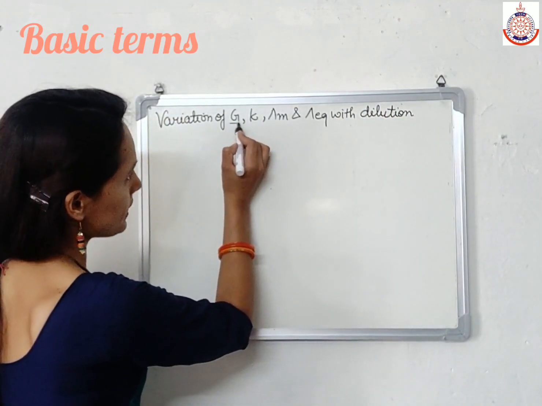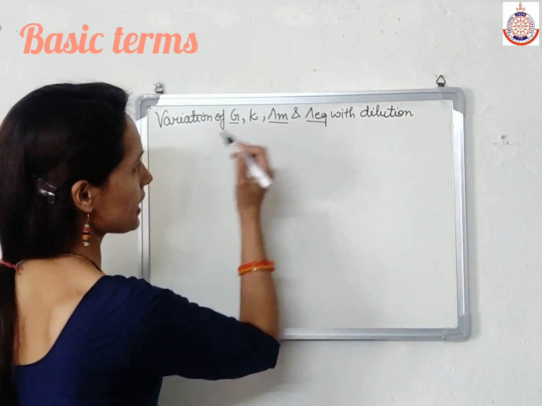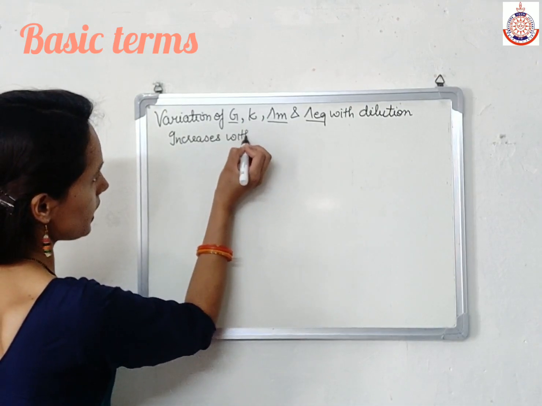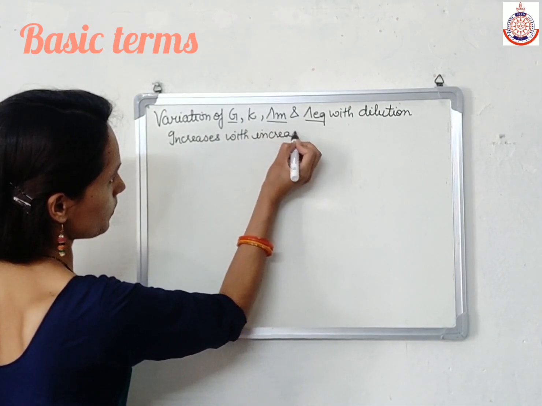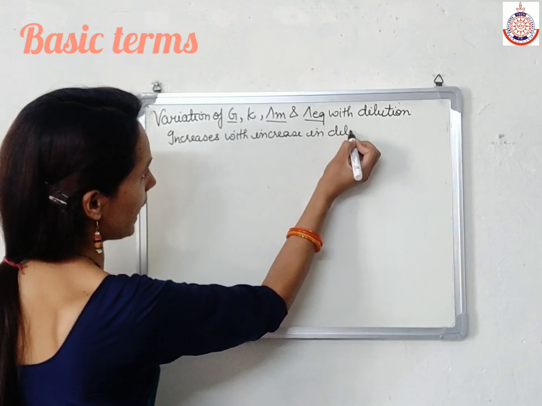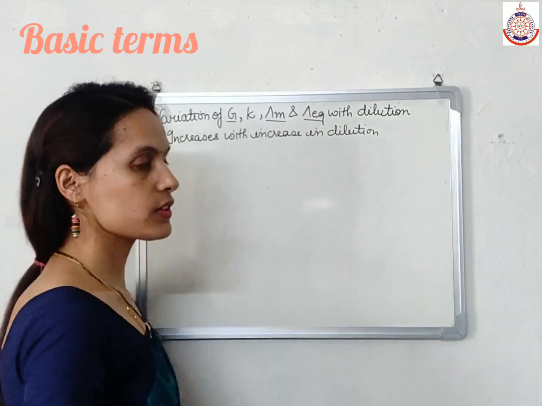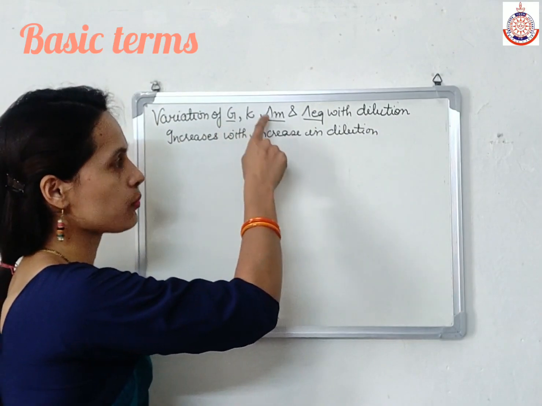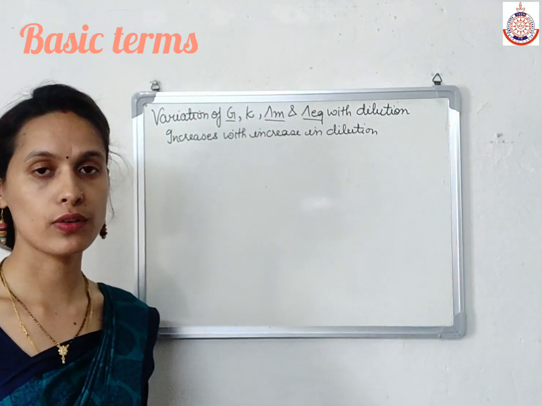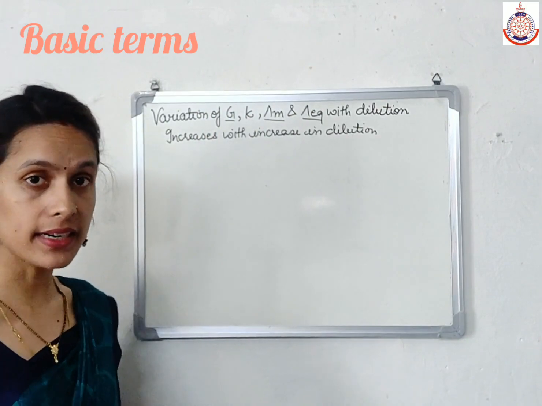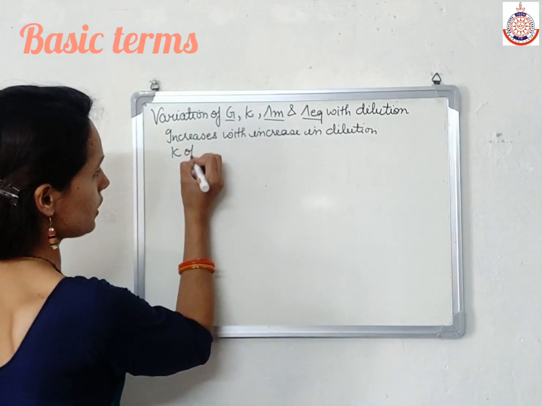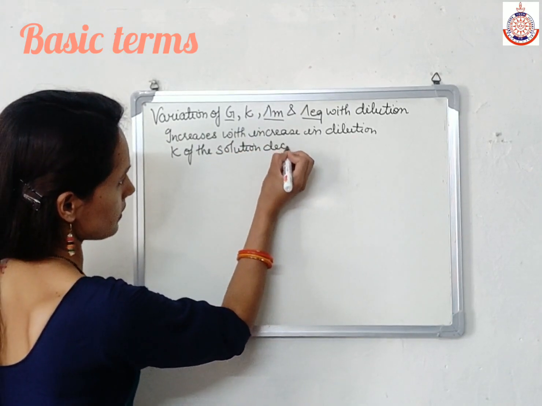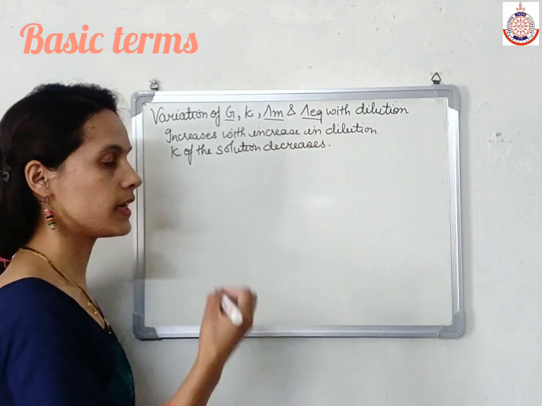Now, conductance, molar conductivity and equivalent conductivity increase with increase in dilution. Means if we have a solution and we are diluting that solution, in that case the conductance, molar conductivity and equivalent conductivity of the solution increase. But specific conductivity of the solution decreases.